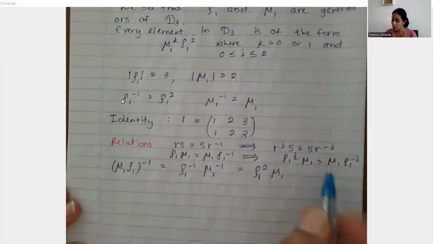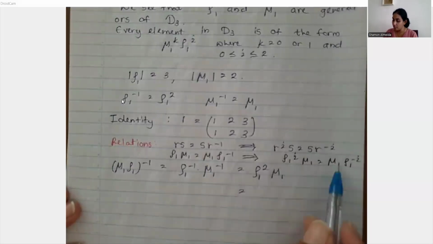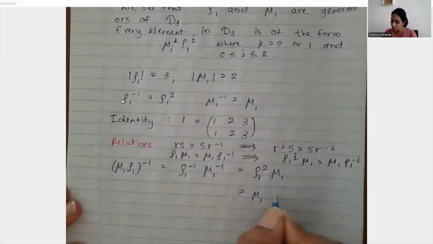Right, so we are going to use this. Now, if you compare it with this term that you have, i is 2. So, using this relation, I will write rho 1 squared mu 1 as mu 1 rho 1 to the negative 2, right?